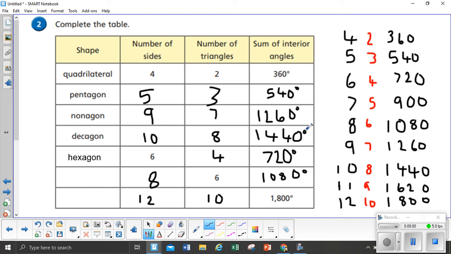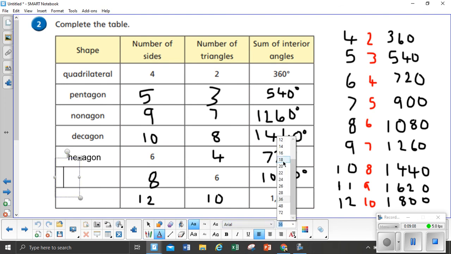Okay, then I've got an 8-sided shape, and an 8-sided shape, 16, is an octagon. I'm sure you know that. Okay, and then I've got a 12-sided shape, which is a dodecagon.